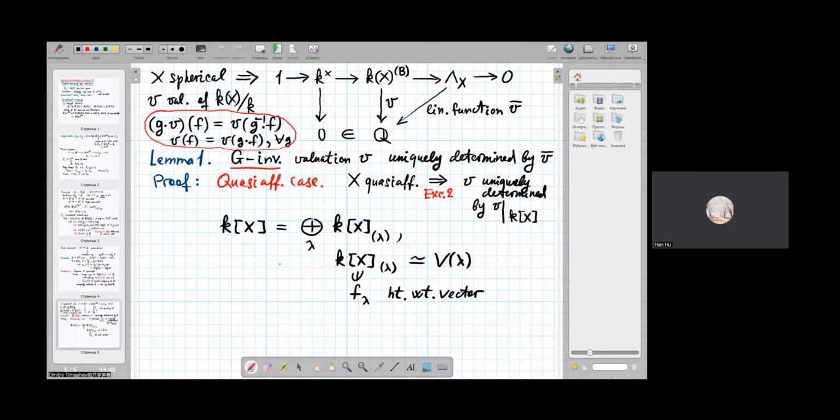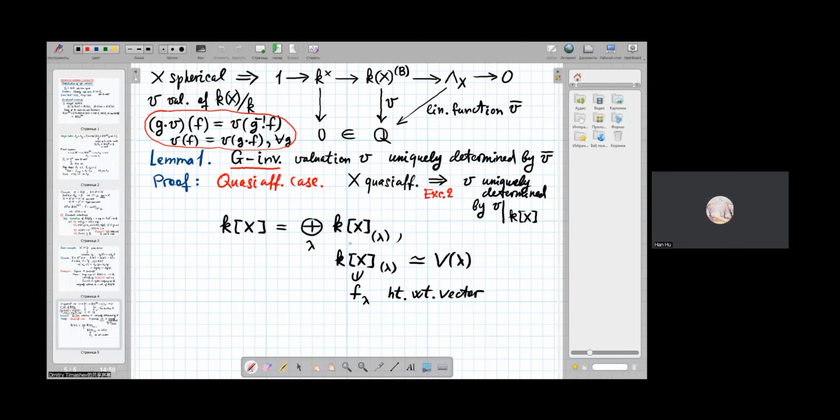Okay. So we have this canonical decomposition of the coordinate algebra of X into the sum of irreducible submodules, which I will denote in this way. It is not just an abstract irreducible G-module. It is a submodule of k[X] of highest weight lambda. This is my notation.